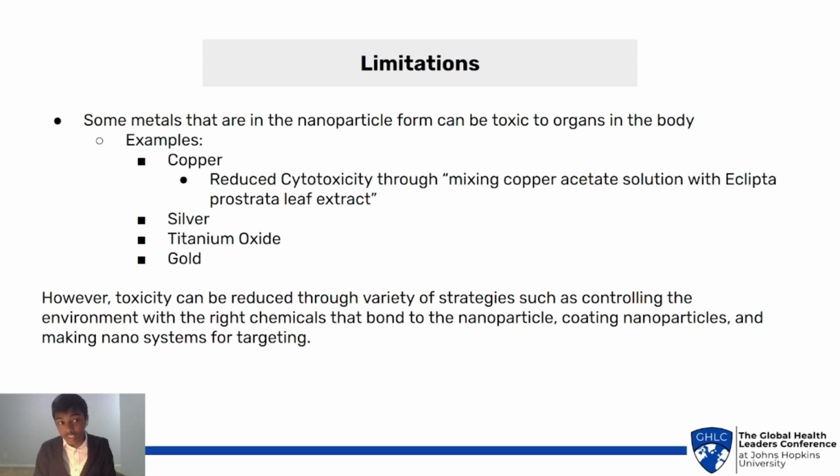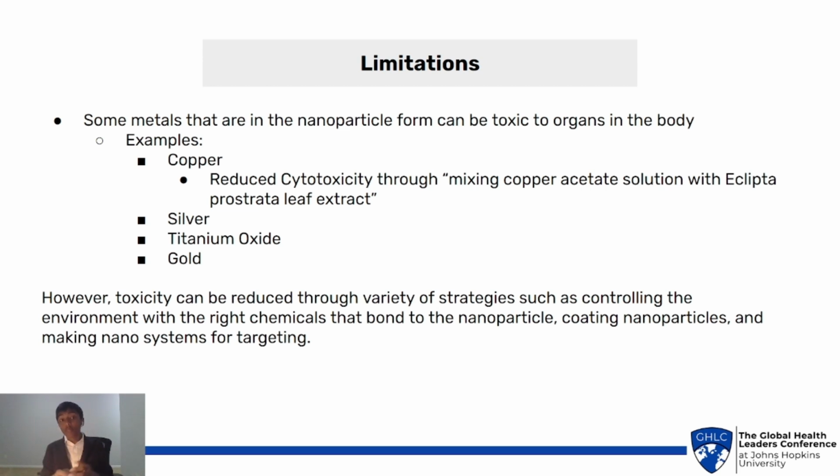Let's talk about some limitations. Some metals in nanoparticle form can be toxic to organs in the body, for example copper, silver, titanium oxide, and gold, and the list goes on. But bismuth is the only one that's not toxic because it's the least toxic metal. However, toxicity can be reduced through a variety of strategies, such as controlling the environment with the right chemicals that bond to the nanoparticle.